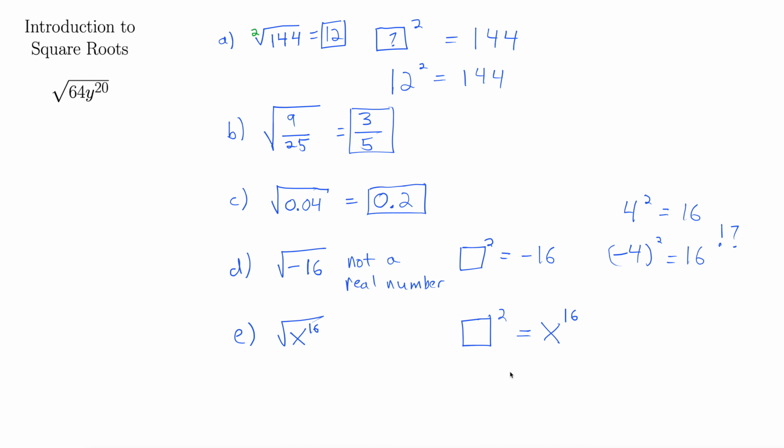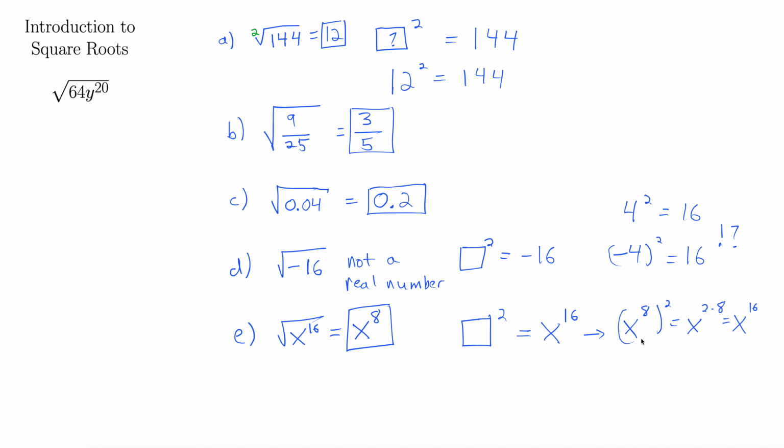Well, it turns out, and you may want to stop the video and think about this for a little bit, that this is, let's see, how about x to the 8th squared? Because this is actually x to the 2 times 8, which indeed is x to the 16th. So this one would be x to the 8. Now, that's kind of tricky, and that's a hard way to think about things.